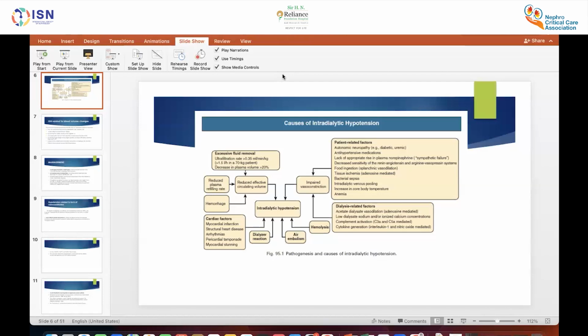permeable. So if you give 1 liter of dextrose, it will be redistributed: 666 ml will go inside the intracellular compartment, and 333 ml will go into the extracellular compartment.